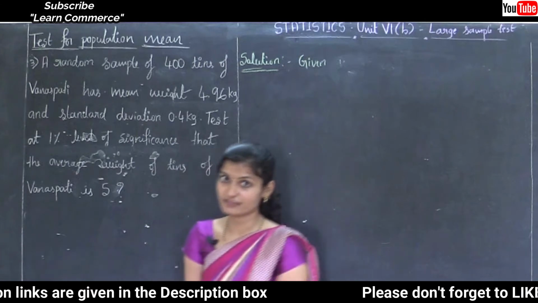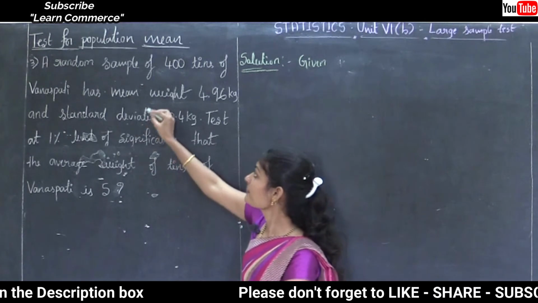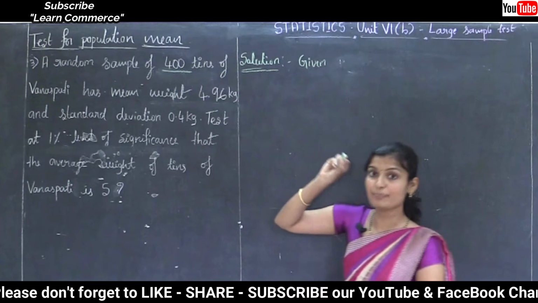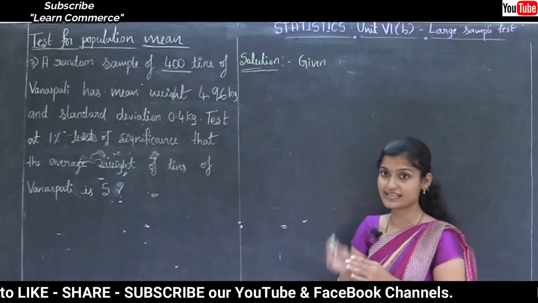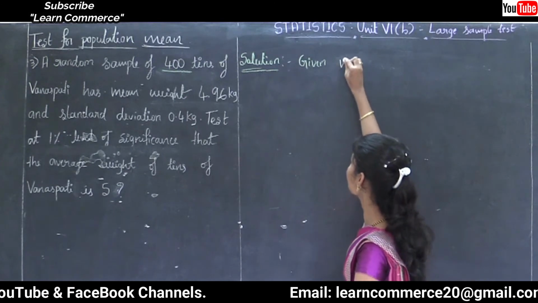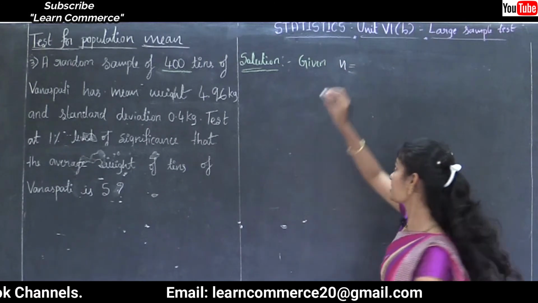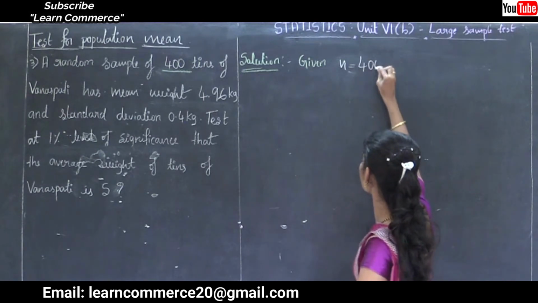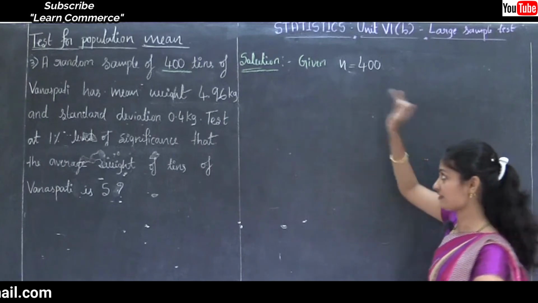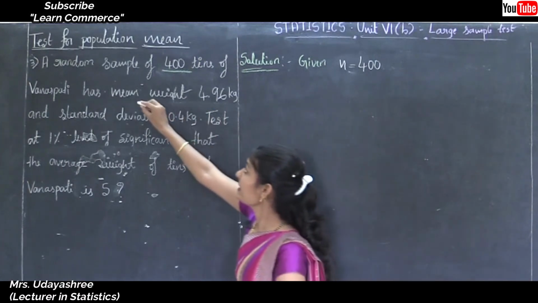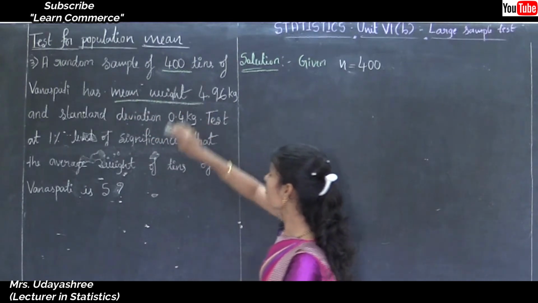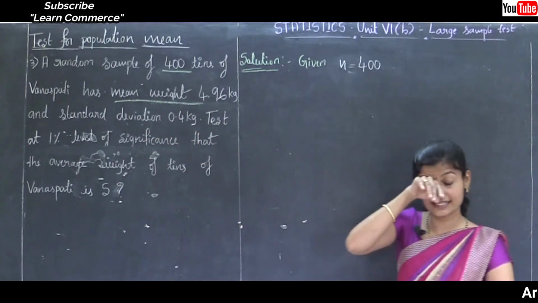Here the given observations are: a random sample of 400 tins. Random sample of 400 tins is the sample size, denoted by small letter n, and the given observation is 400. Here 400 is more than 30, so this is a large sample test. Next, mean weight 4.96.